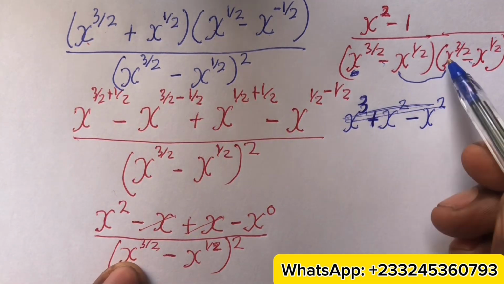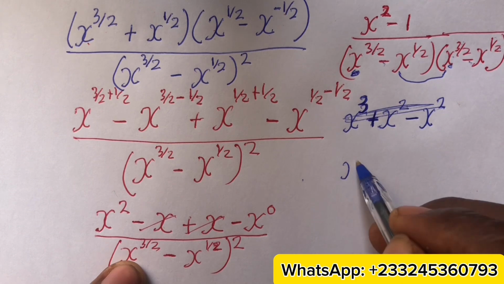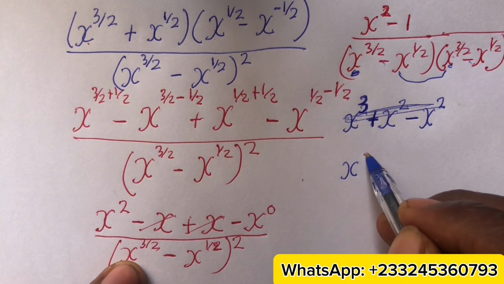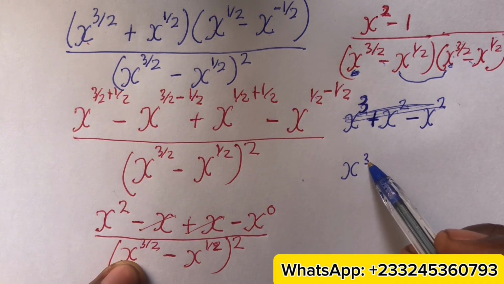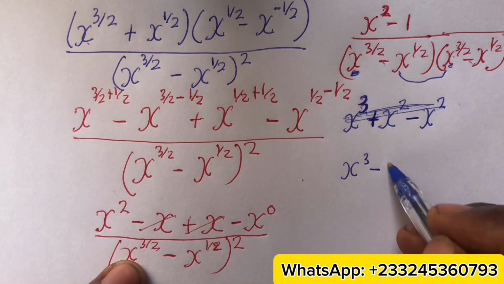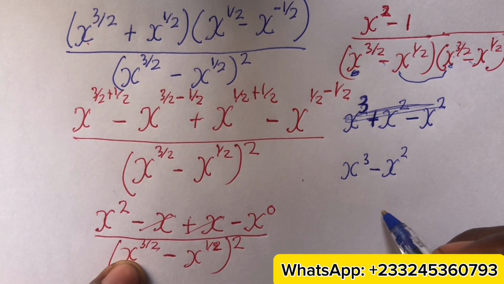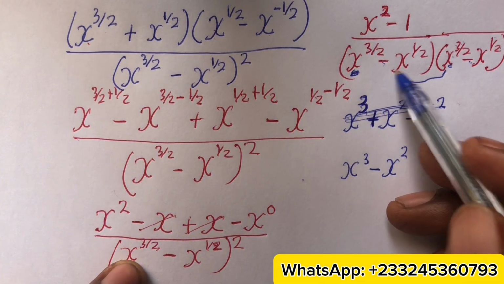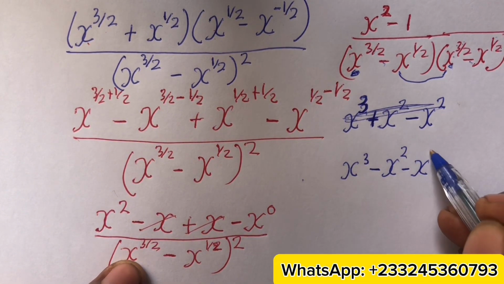We multiply this one by this to get x power 3, because 3 plus 3, 6 divided by 2, 3. Then we take this and that. It will give us minus x power 2. Then we multiply this by that. It will give us minus x power 2.